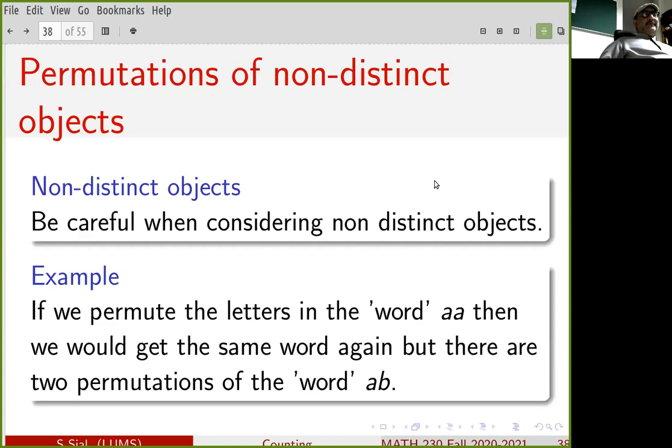So there's only one permutation. But if you had A and B to write a two-letter word, then you could write two different words. So whether your symbols are distinct or not is going to affect your answers.